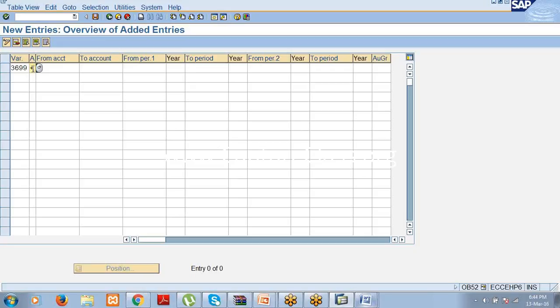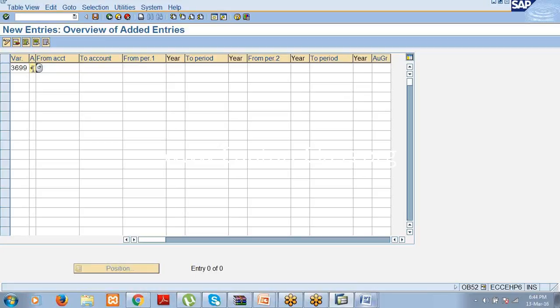The account types were already defined in the system.